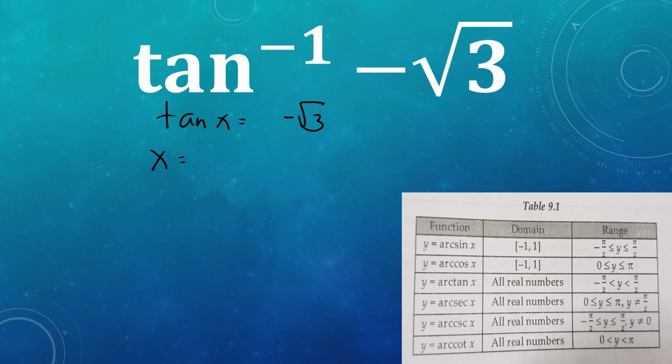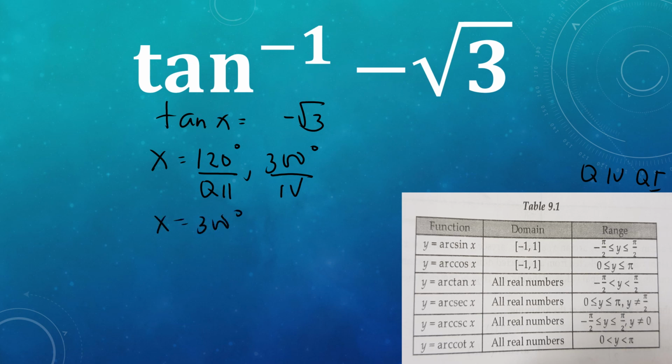The angle measures that satisfy it are x equal to 120 degrees and x equal to 300 degrees. The range for arctangent falls in quadrant 4 and quadrant 1. So 120 degrees falls in quadrant 2, while 300 degrees falls in quadrant 4. Therefore, the answer is 300 degrees.